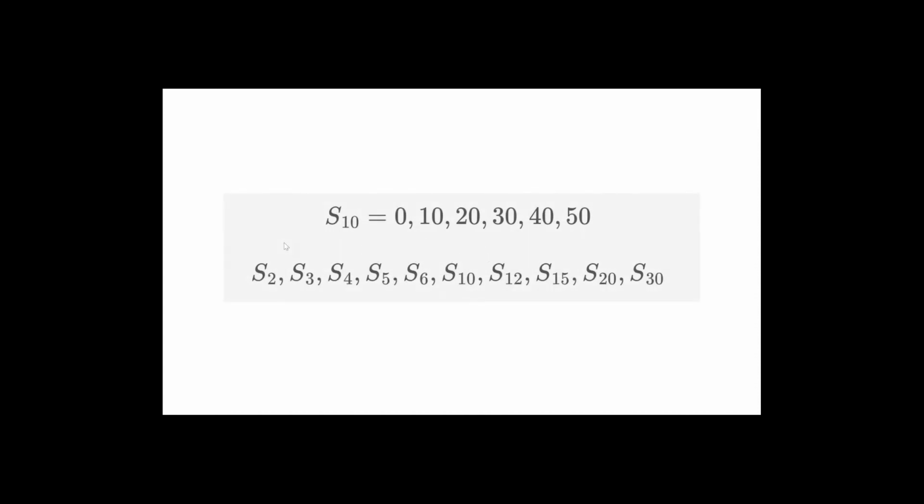So you also have several other subgroups of N60. In fact, if you have any divisor of 60, you can see that the set will also be a subgroup. The divisors of 60 are 2, 3, 4, 5, 6, 10, 12, 15, 20, and 30.